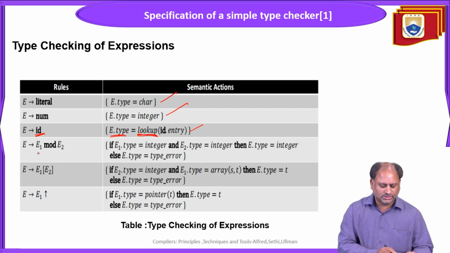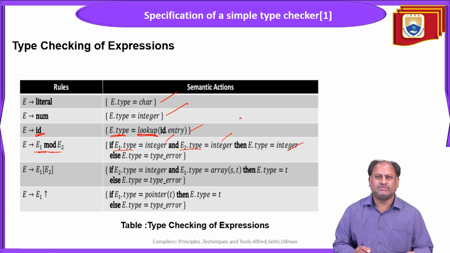The mod function verifies the type of E1: E1.type is integer, and E2 type is integer. Then the corresponding type is integer, and the expression is verified. Else, it is a type error. In that way, type checking can be done for expressions.